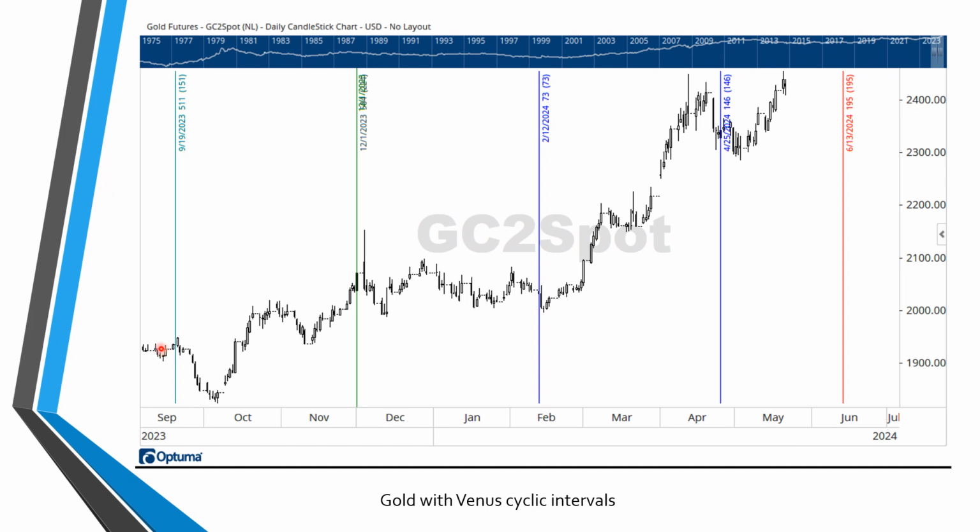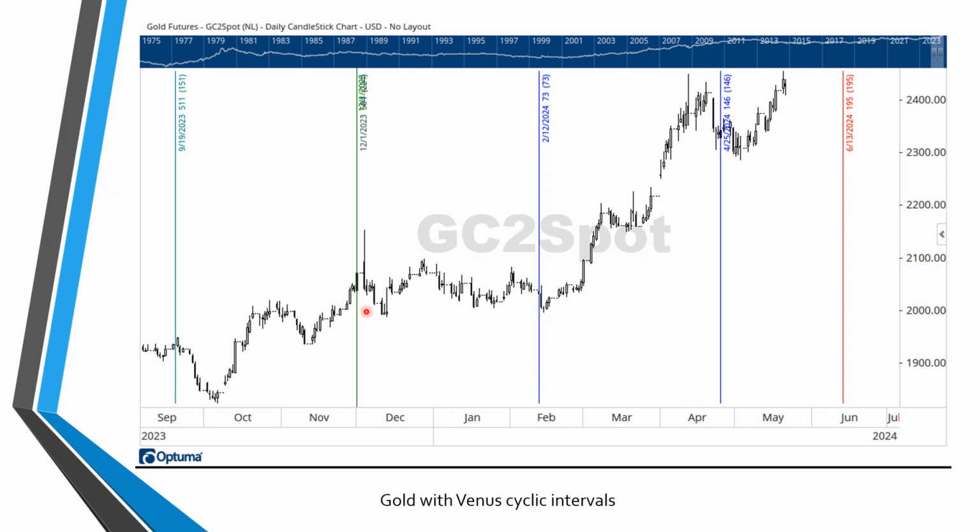Look what happened literally the day after this cyclical interval registered. Price of gold tumbled. And then it rallied again, and in early December 2023, we hit a 584-day increment and the end of a complete synodic cycle.